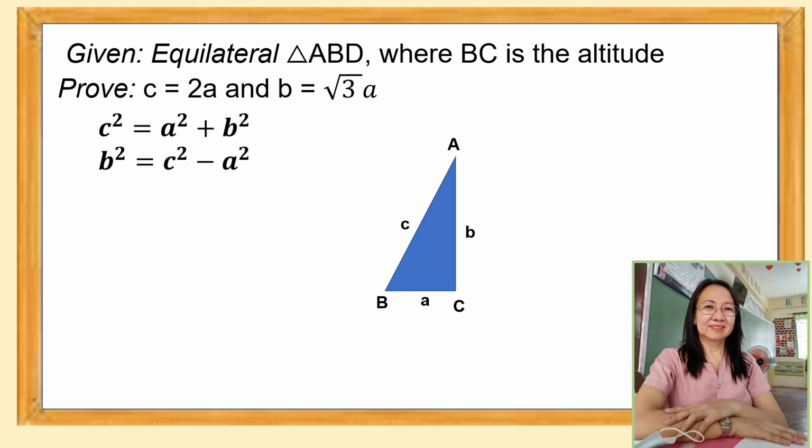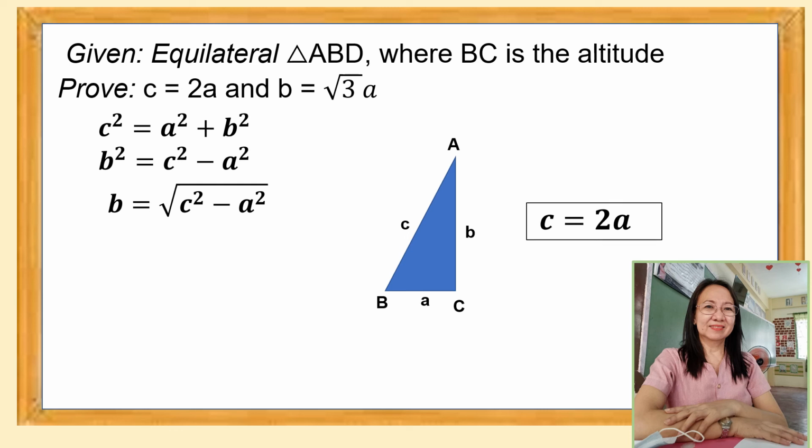And getting the square root of both sides, we have B is equal to the square root of C squared minus A squared. Now since we obtained that C is equal to twice of A, by substitution, B is equal to the square root of the value of C, which is 2A, squared minus A squared.